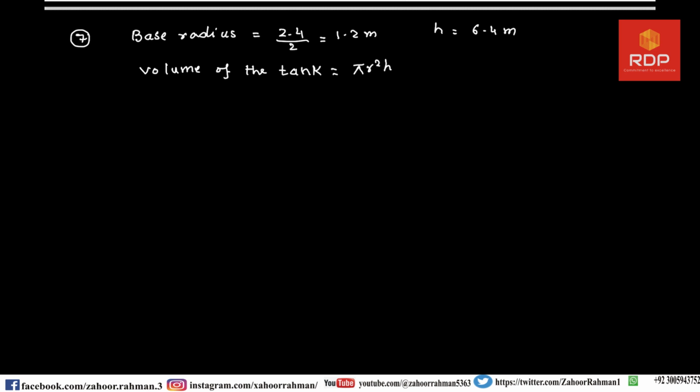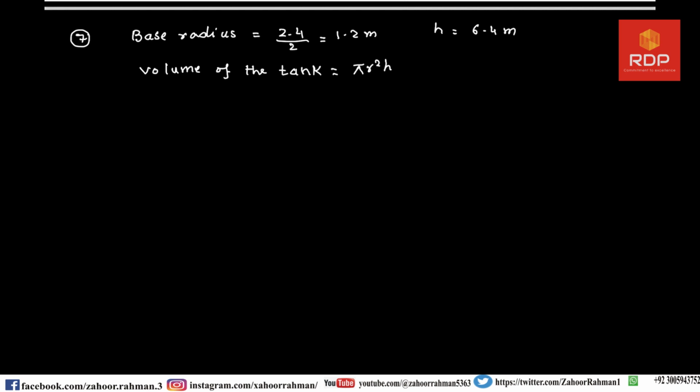Now let's turn our focus to the first intermediate level question. There are many things you have to learn in this scenario. So let us first understand the question. The question is saying a tank in a shape of a cylinder of diameter 2.4 meter. So you can see that diameter is given, and we have to find the radius. So base radius is equal to 2.4 divided by 2, which is equal to 1.2 meter.